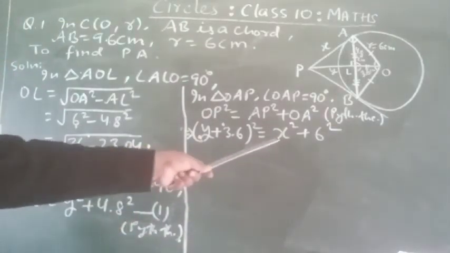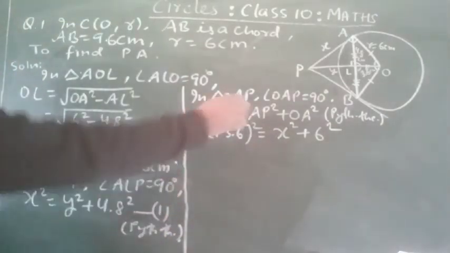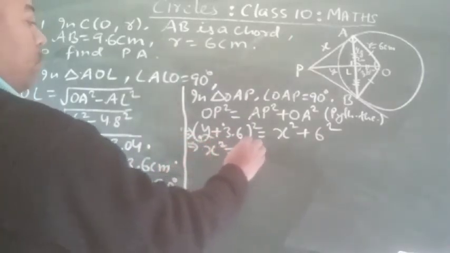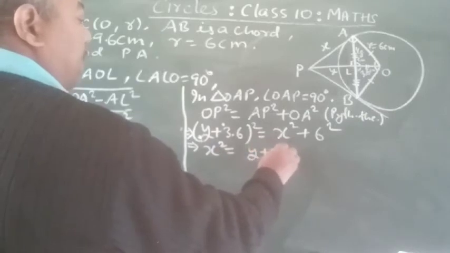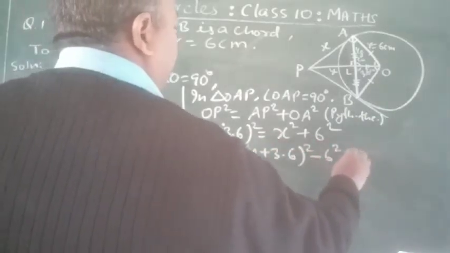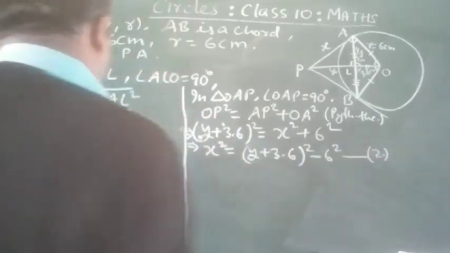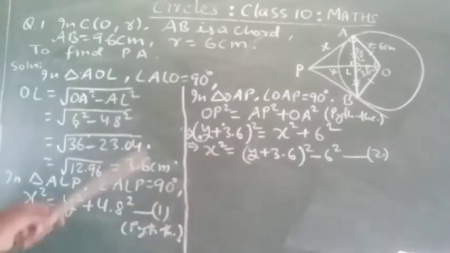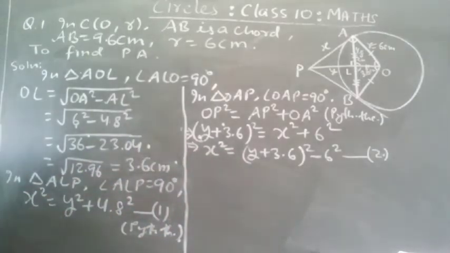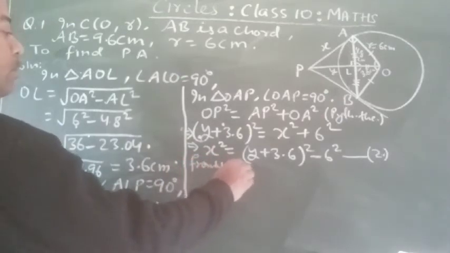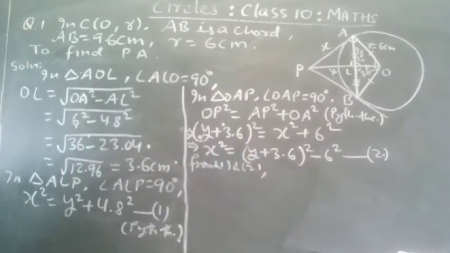Now what is the value of x square from this? X square is equal to y plus 3.6 whole square minus 6 square. This is equation number 2. From equation 1 and equation 2, we equate and find the value of y. In the place of x square, we put this value.